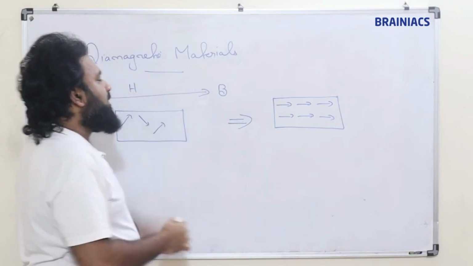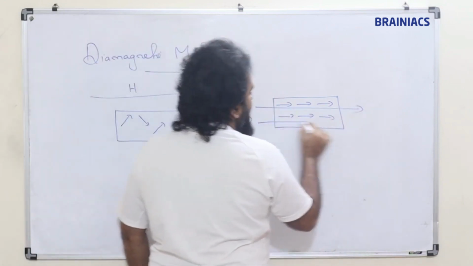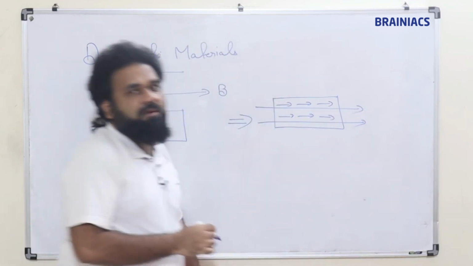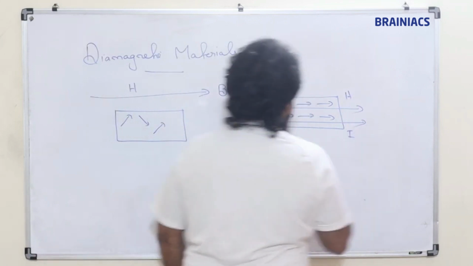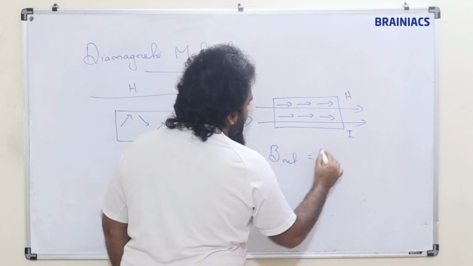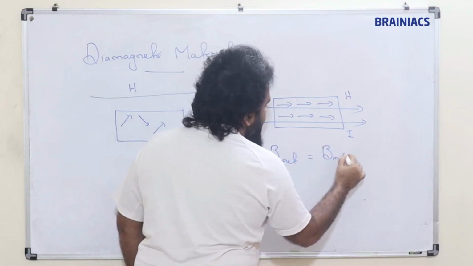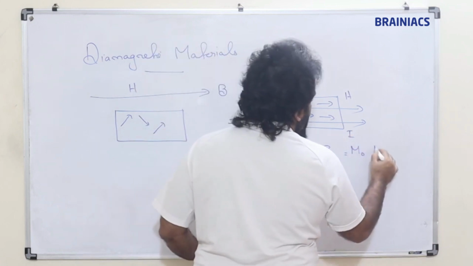The external magnetic field, due to H, will be there, and the magnetic field due to the internal factor, due to I, will also be there. So the net magnetic field in the material is due to that external factor and that internal factor.